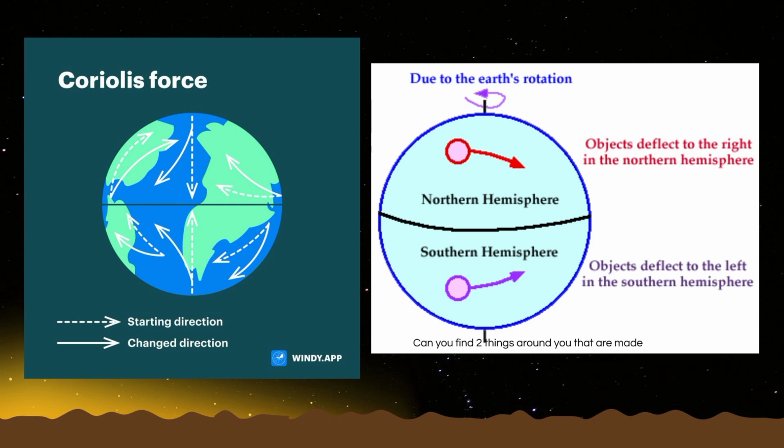In the northern hemisphere, the wind bends to the right, while in the southern hemisphere the wind bends to the left. If not for the Coriolis force, air would not be able to move in a curved form. The air could only move in a straight line.